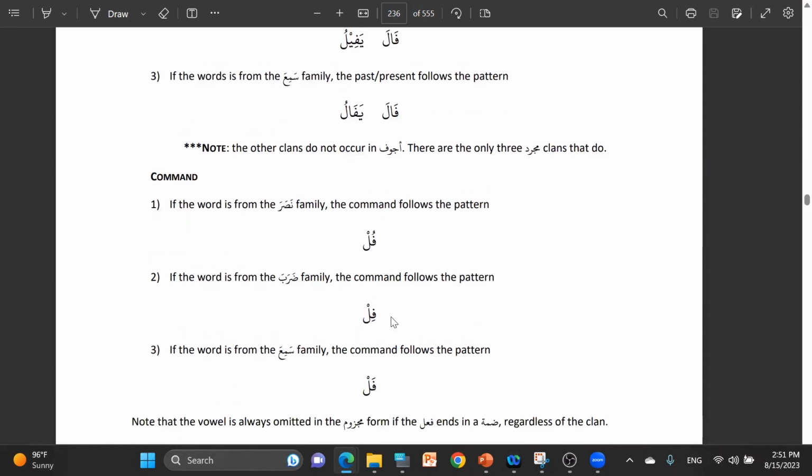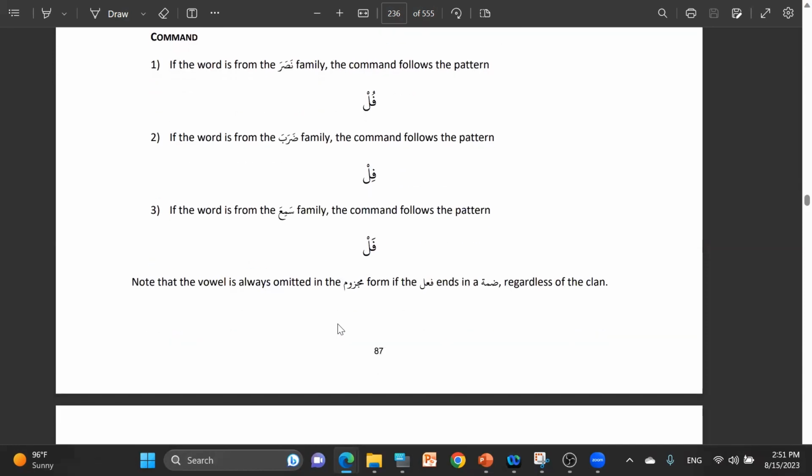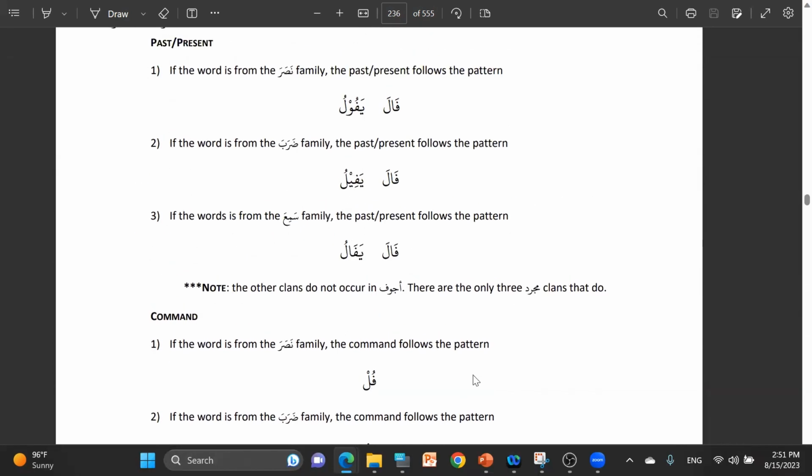For daraba, it is fil, bi. And for sami'a, it is fal, nal, with nala, nalu, nali, nalna. So that's the quick revision of our previous lesson.